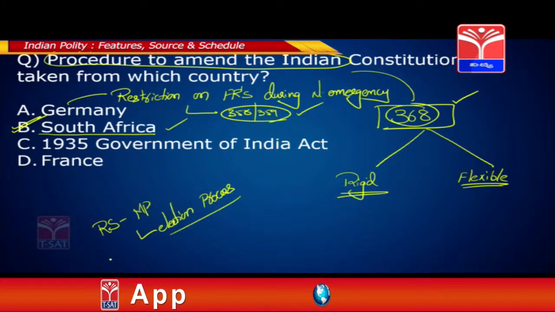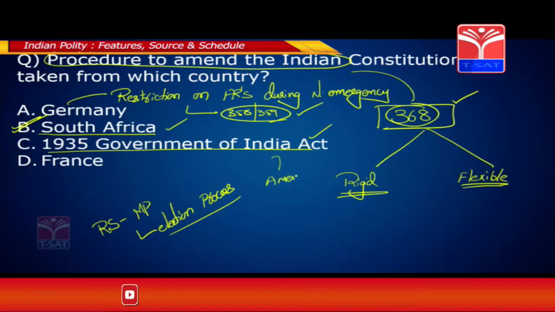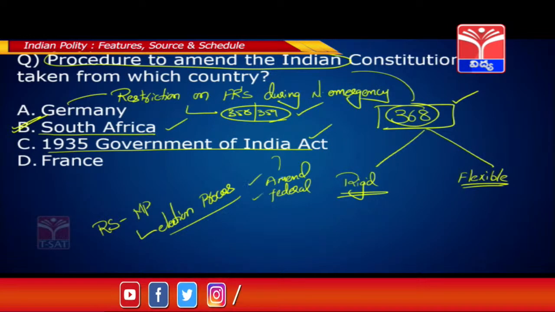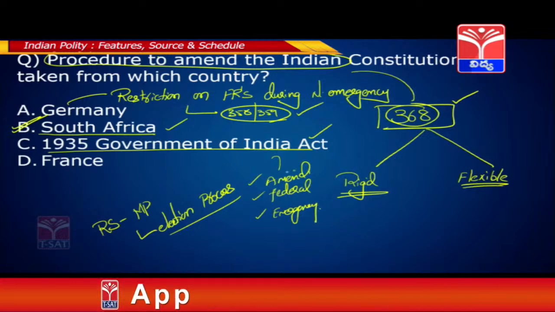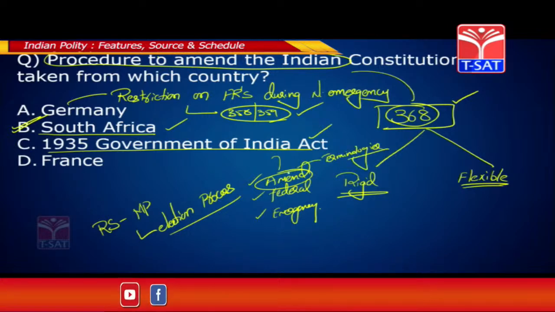Okay. Now from the 1935 Government of India Act, we have taken many things, right? Federal scheme we have taken. We have taken emergency provisions, right? Also legal words and terminologies. France.